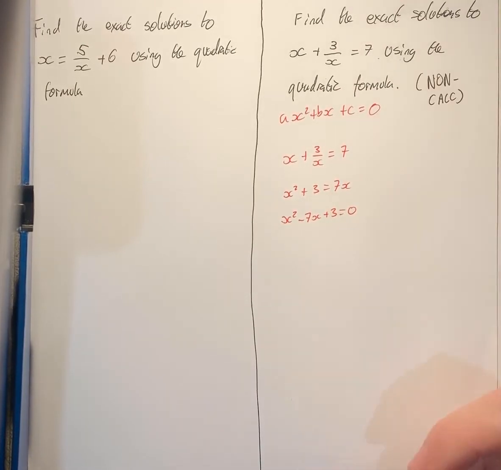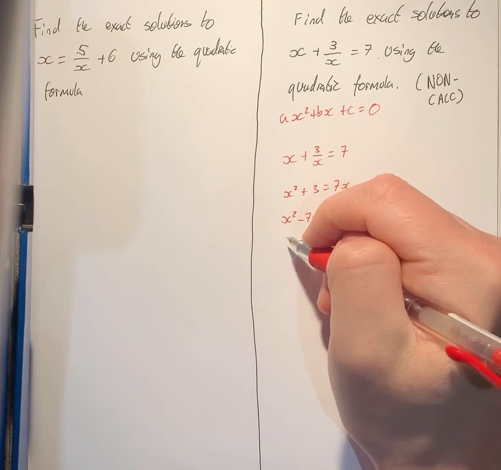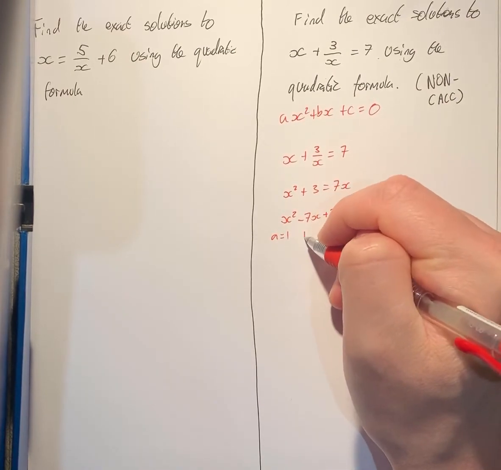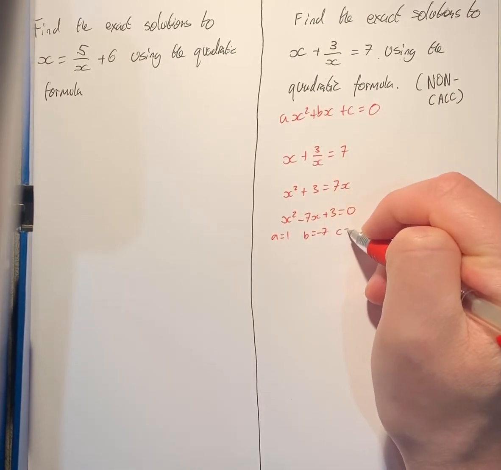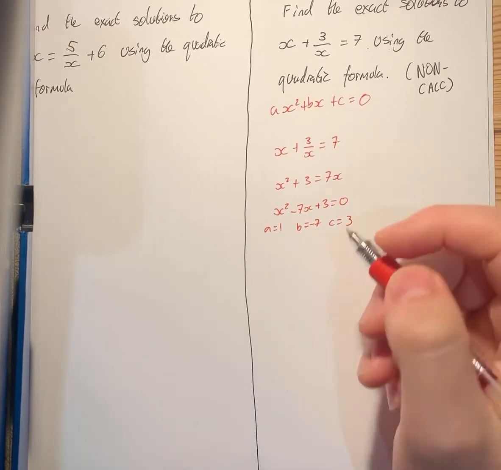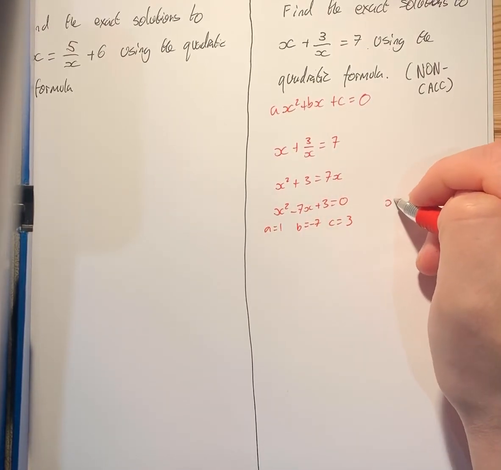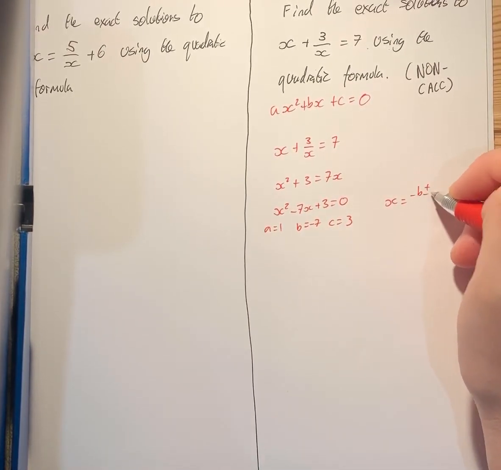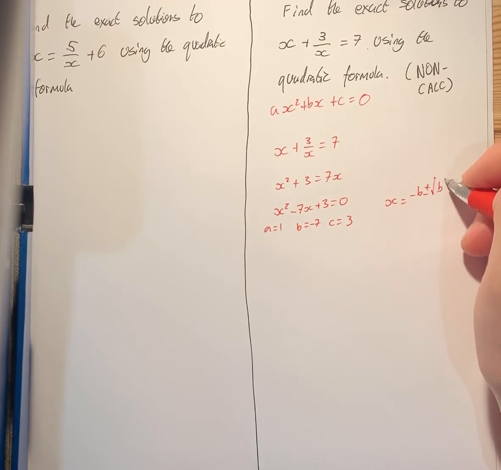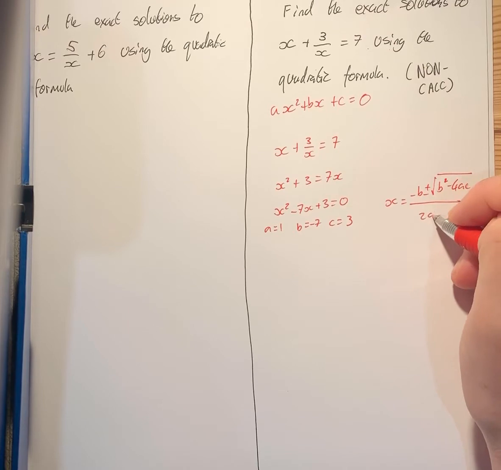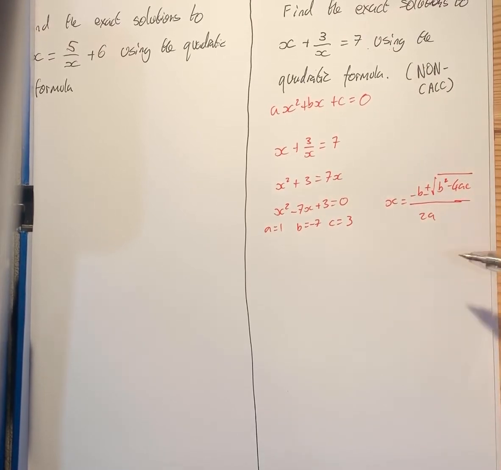Now we're going to use the quadratic formula, with a equals 1, b equals negative 7, c equals 3. Write out your formula here. x equals minus b plus minus. And I want you guys to get into the habit of doing that every time, writing that formula out every single time.